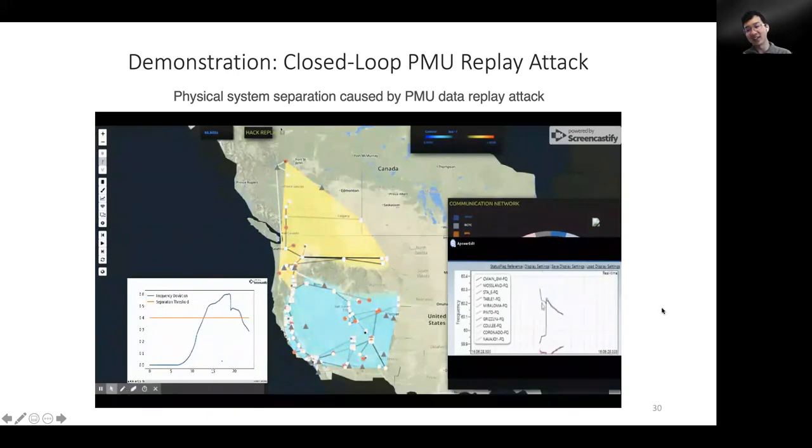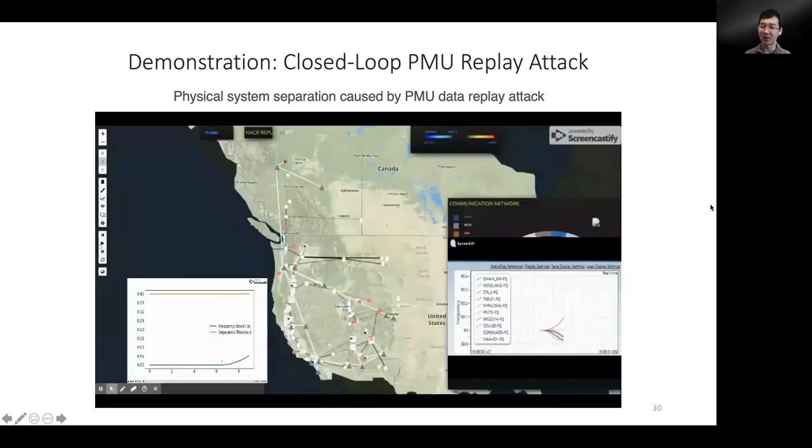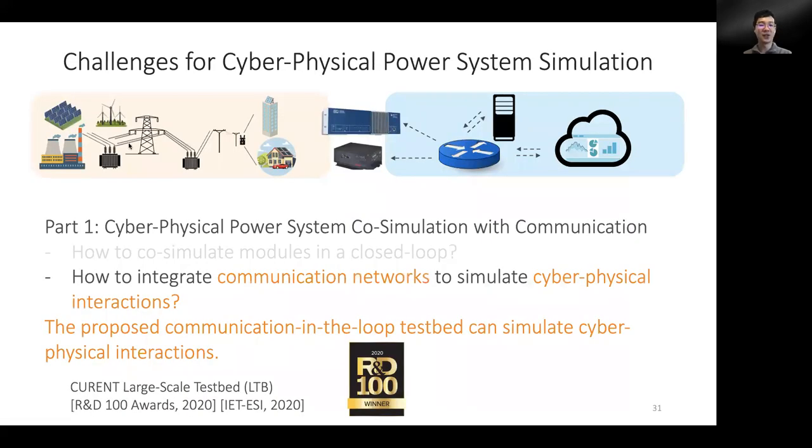So we can tell that this is a successful cyber attack which uses recorded PMU data to cause a disturbance in the physical grid. So the summary for this part is that our proposed communication loop testbed can simulate cyber-physical interactions.